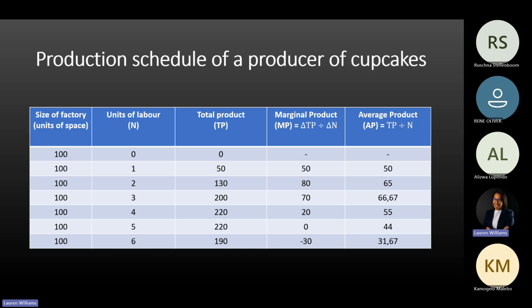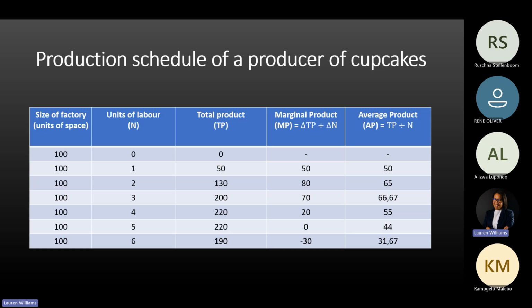You're not suddenly going to move from 0 to 6 laborers in a business. You move from 0 to 1, 1 to 2, 2 to 3. So the change in your N, or units of labor, will always be 1, so we tend to ignore it.